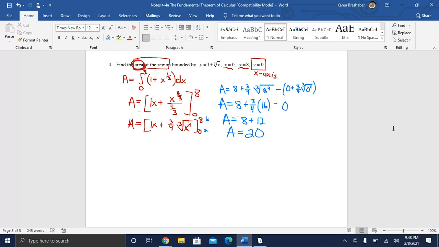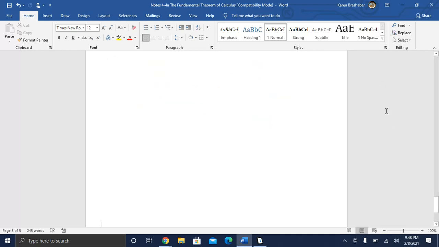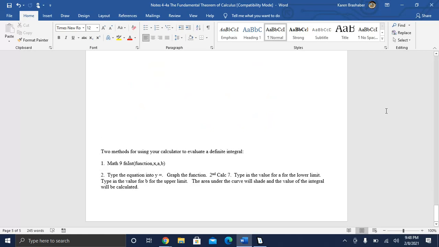And so I have those instructions for you at the bottom of your notes. Now this is using the TI 83 or 84.